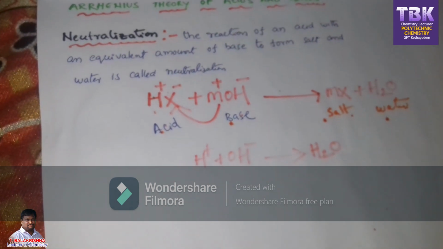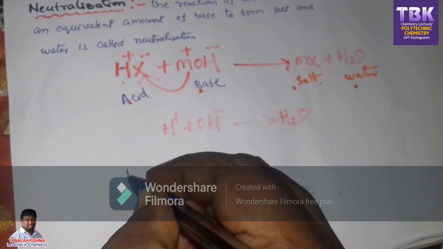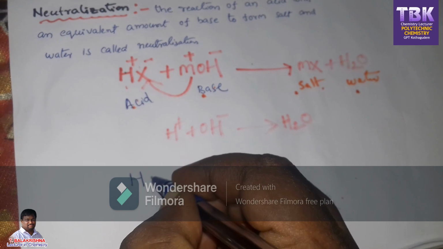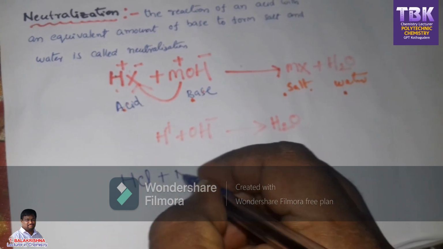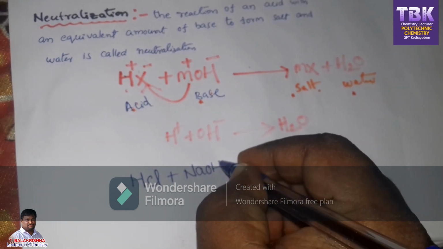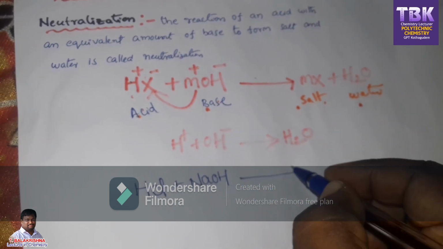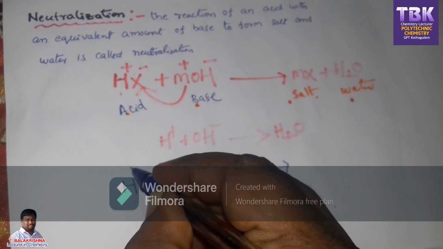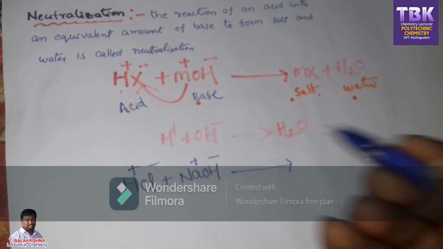Take one example. We know the general formula of the acid. The simple example for acid is HCl. If it reacts with a simple, well known base, sodium hydroxide, they contain H plus and Cl minus, Na plus and OH minus.